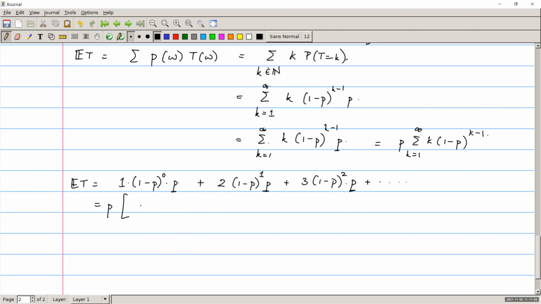What remains is 1 times (1 minus p) to the 0 plus 2 times (1 minus p) to the 1, and so on. So how do we do this sum in the brackets? What do these terms look like to you?